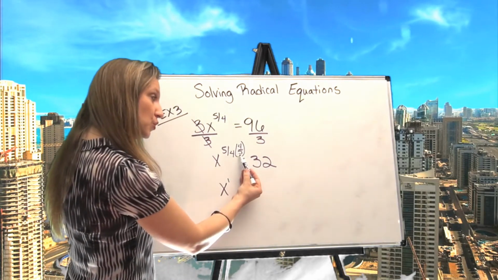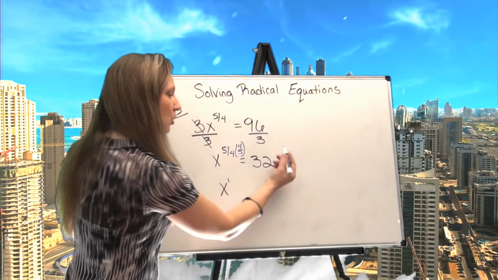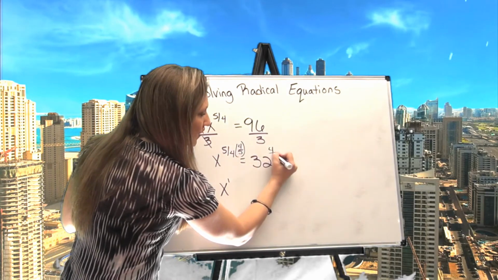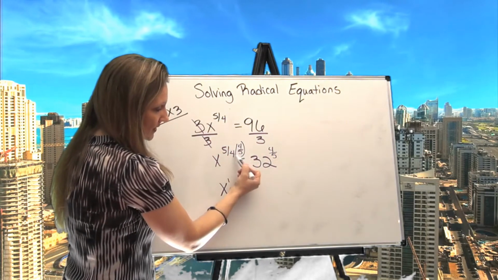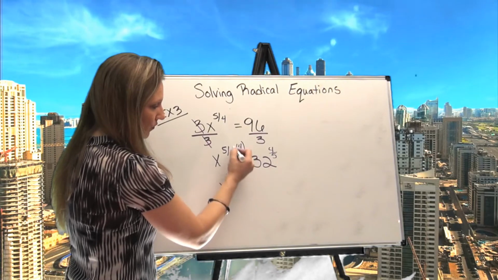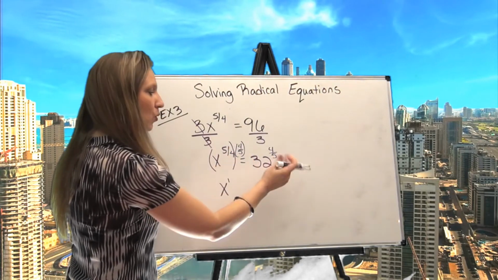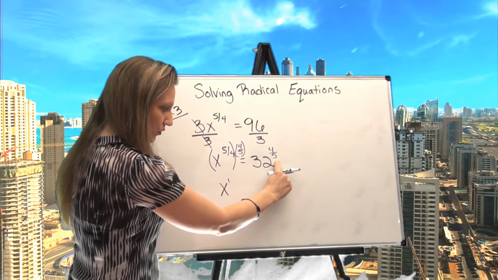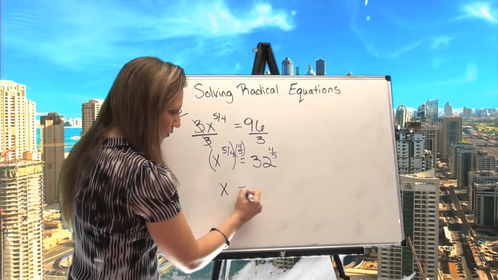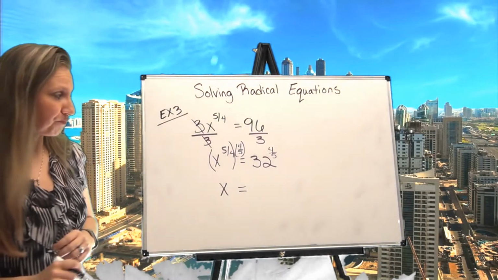Now, of course, what we do to one side of the equation, we have to do to the other side of the equation. So since I'm raising this side to the power of 4/5, I'm going to raise this side to the power of 4/5. And that's how I'm going to get my x by itself.